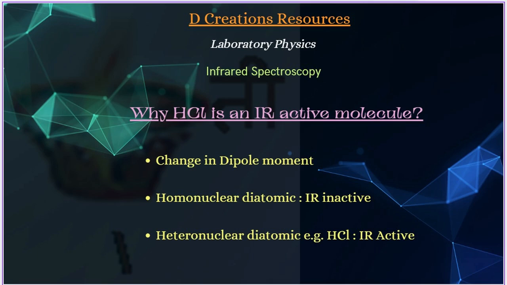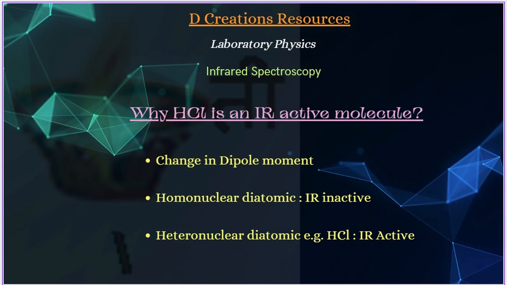And coming back to the selection rule, the criterion for a molecule to show an infrared spectrum is that there has to be a change in the dipole moment of the molecule during the vibration of the molecule.